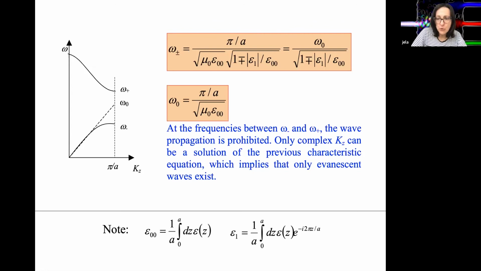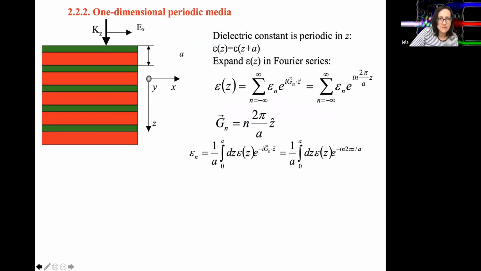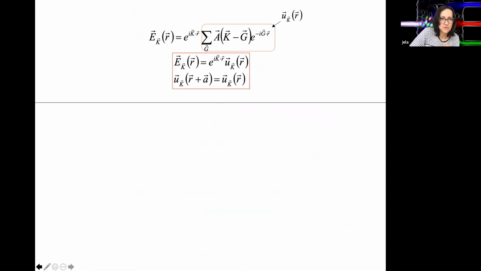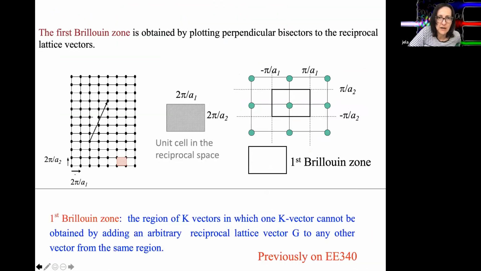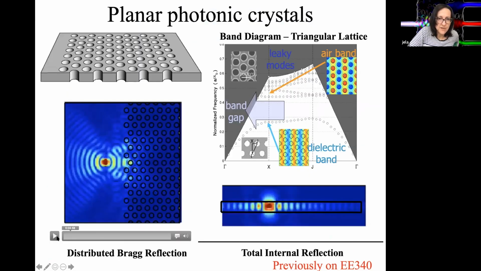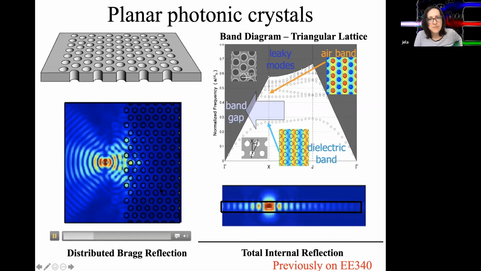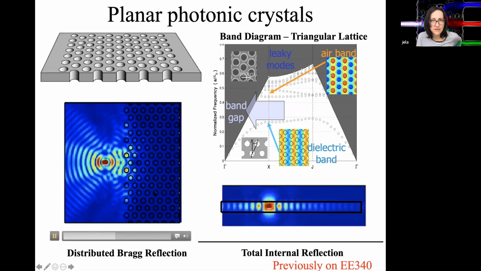And actually, if you go back to the very beginning of our presentation, when we were looking into what happens when you excite, and we're finishing up, I just want to go back to that movie that I showed you in class last week. You remember this, when we excite the structure with something that's inside of the photonic band gap and you look at what happens inside of the structure, there is still non-zero field inside of the structure, right?